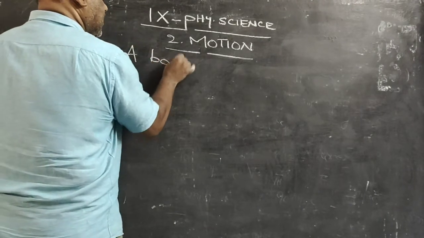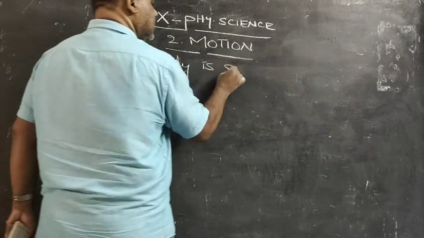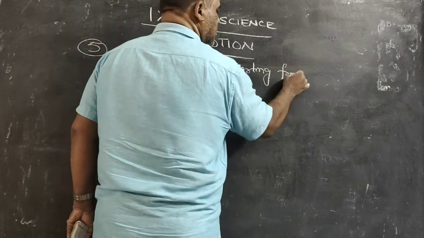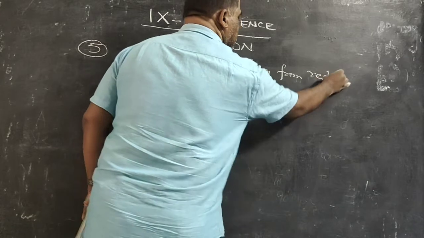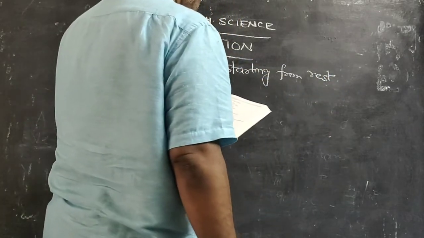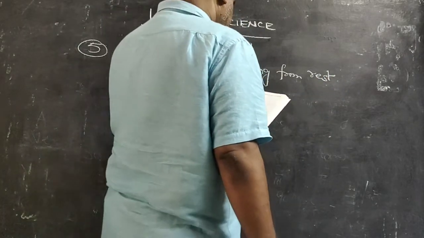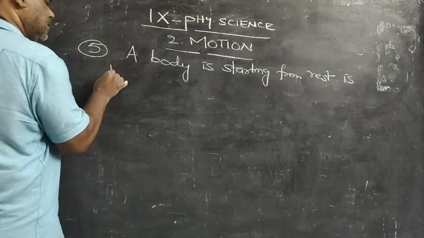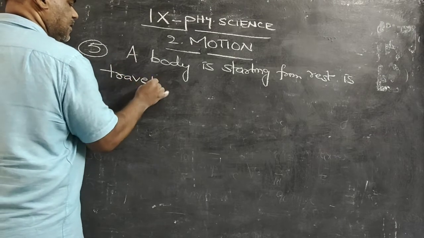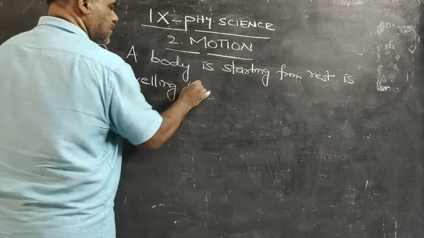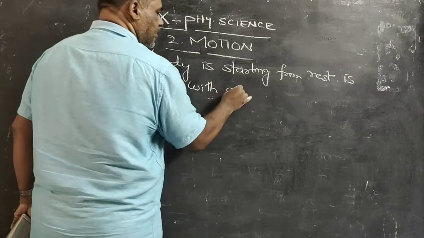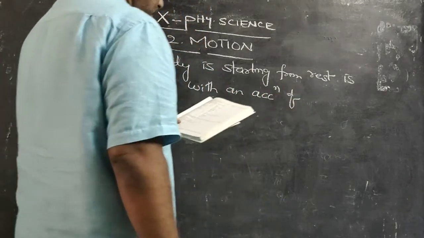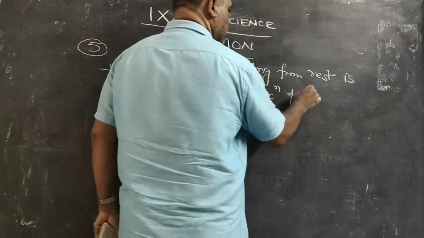A body is starting from rest and is traveling with an acceleration of 4 meters per second square.